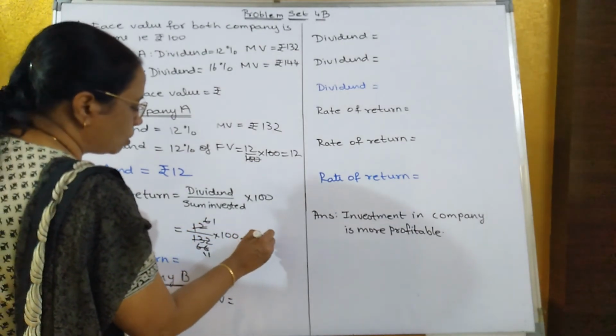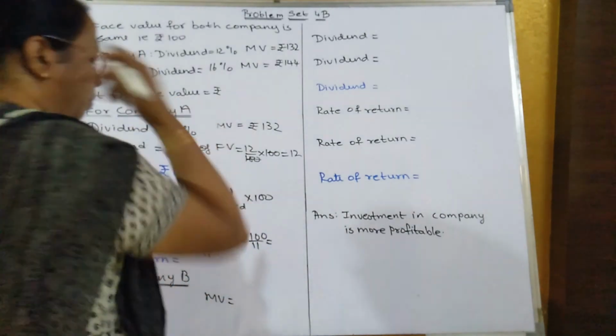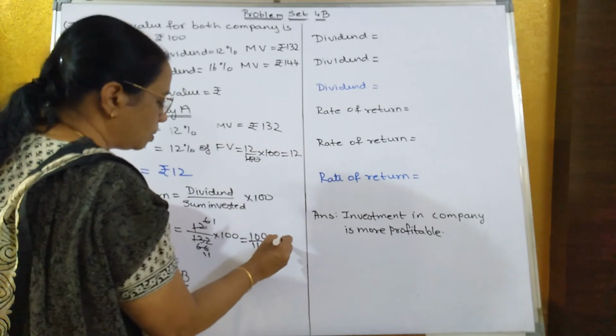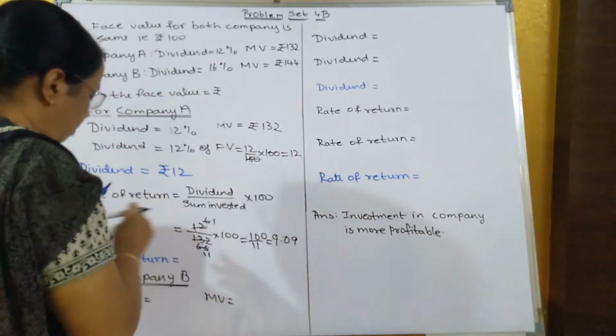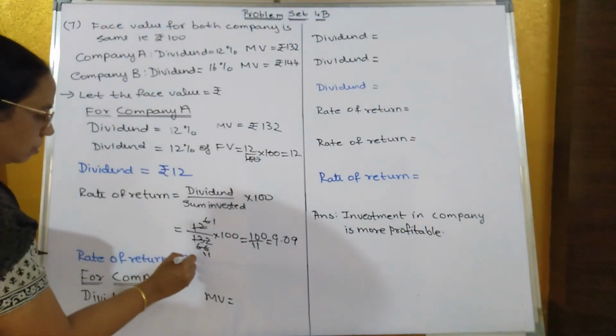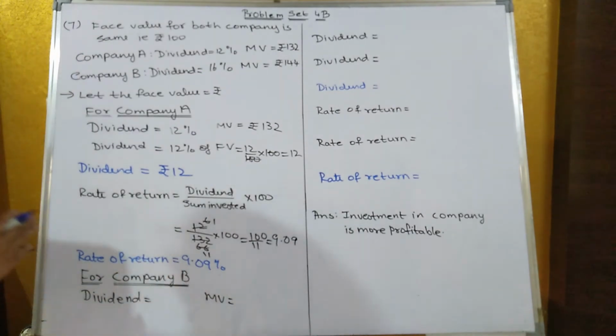So that's equal to 100 upon 11. When you divide it by 11, you get 9.09. So 9.09% is the rate of return for company A.